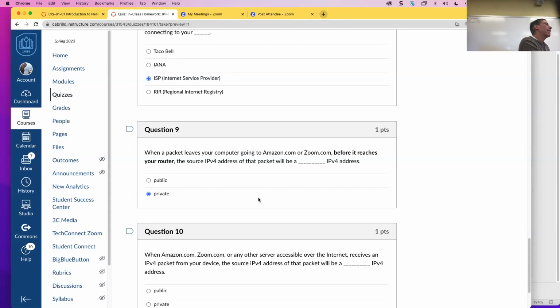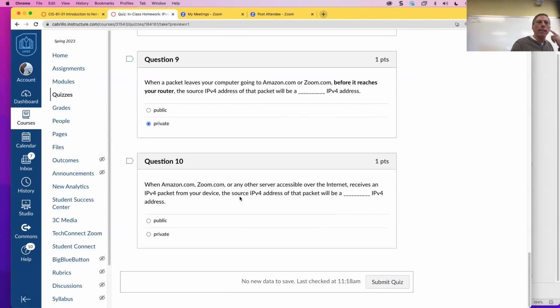Why? Because they had enough public addresses years ago. They don't need those public addresses right now. And why touch it? It works. So it's really strange to be on their Wi-Fi and it's like, I got a public address.